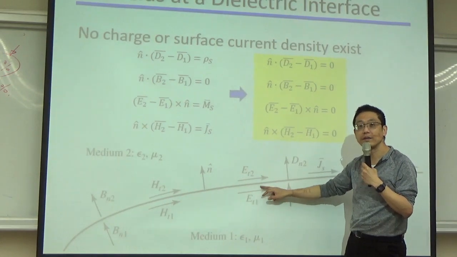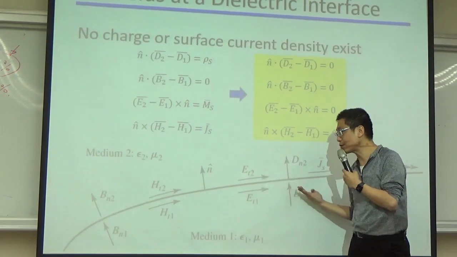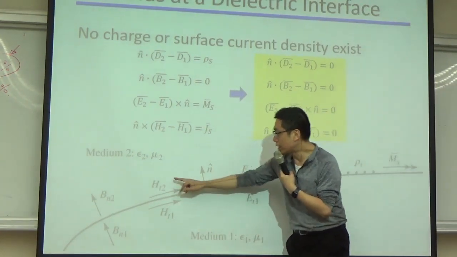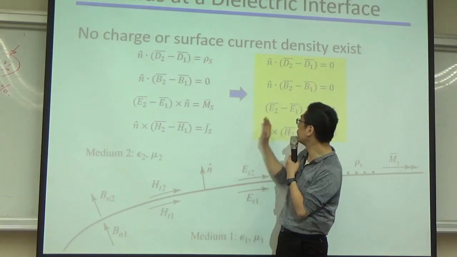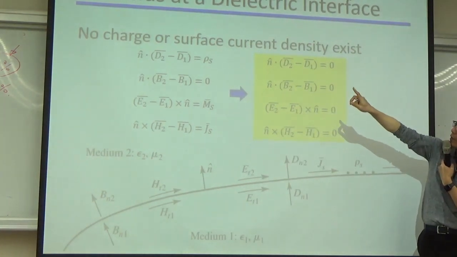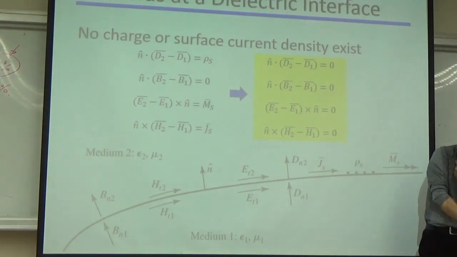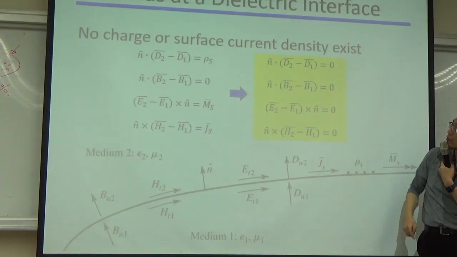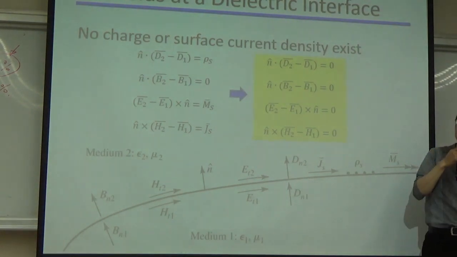And as well as Ht2 equals Ht1. Then you get those relationships because there is no charge, no surface current density, either electric or magnetic.